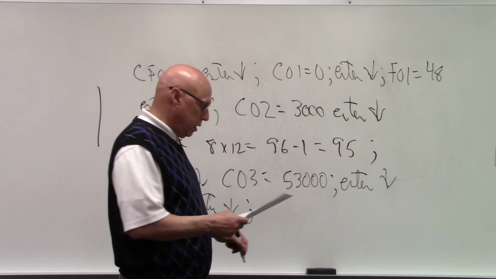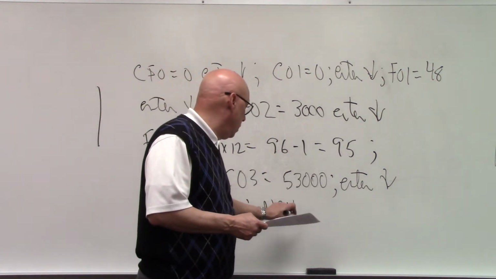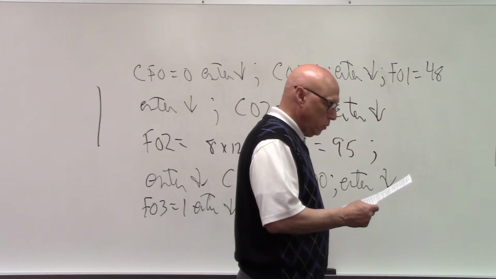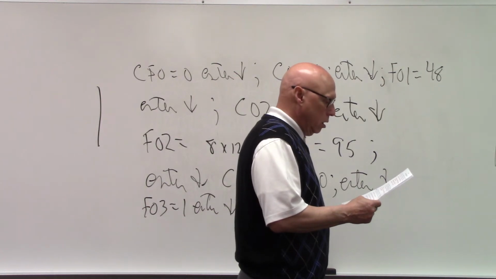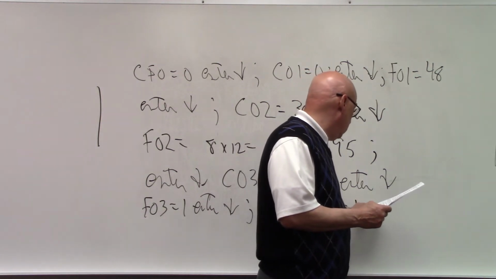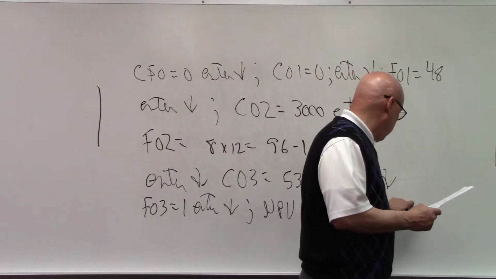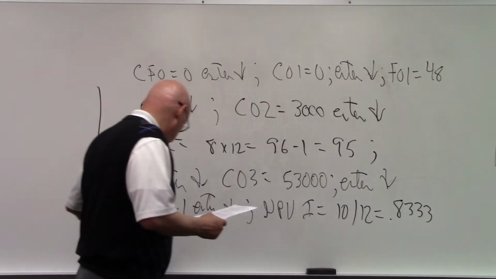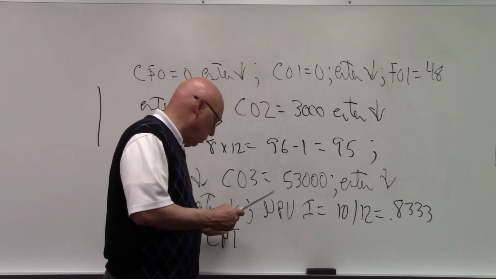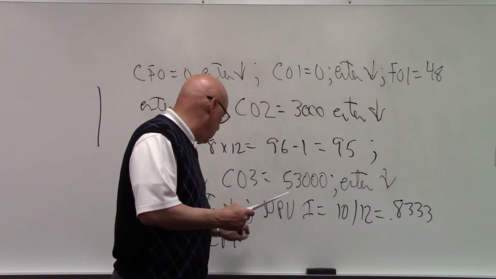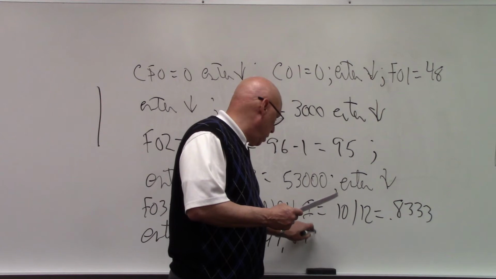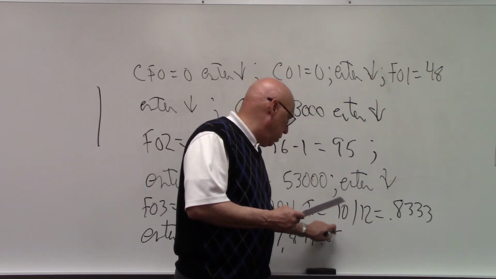All of your cash flows have been entered, and NPV, I equals 10% a year divided by 12 months per year, 0.8333. Enter, down arrow, compute, and you get 147,879.88.